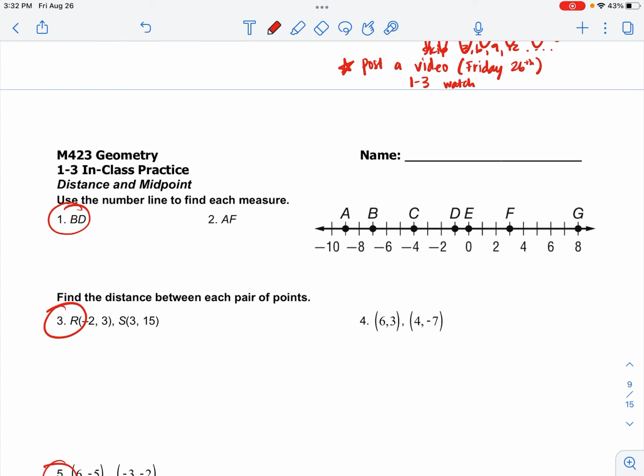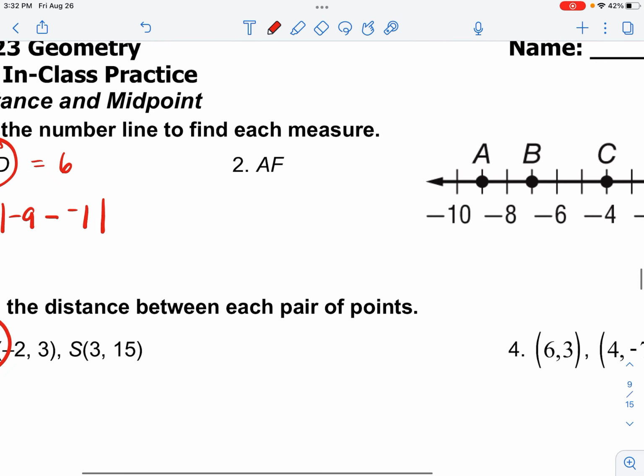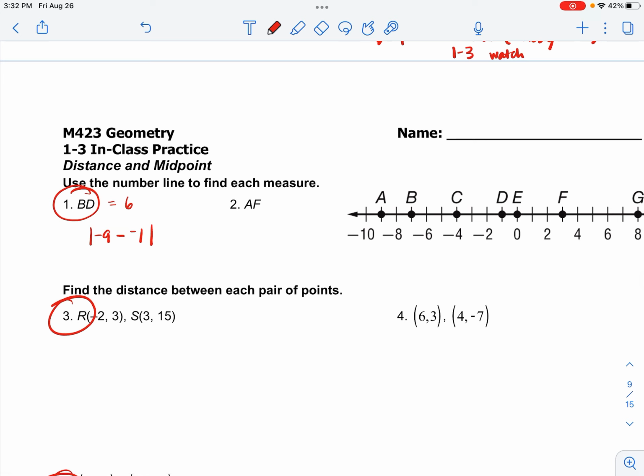Distance and midpoint, we're going to be using those particular formulas in this video. BD, now we could always just count this if we really wanted to. 1, 2, 3, 4, 5, 6. It is clearly going to be 6, so BD is equal to 6. But if you wanted to use the actual formula, you would take the absolute value of point 1, which is B, which is -9, subtracted from point 2, which is D, which is -1, and that's not right.